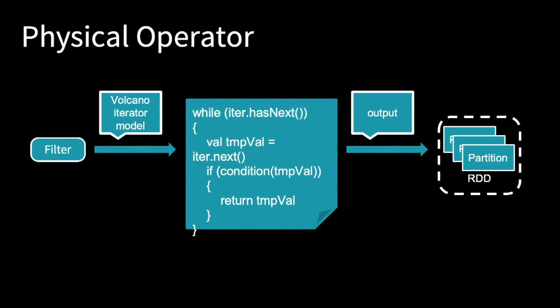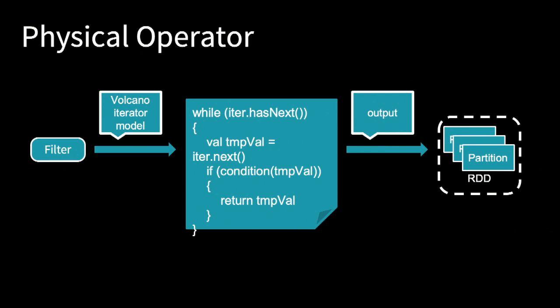So let's show how the physical operator actually works. Each physical plan is generated from one or multiple physical operators. At execution time, we generate the result of our physical plan by generating the result of each physical operator and chain them together in some specific way.